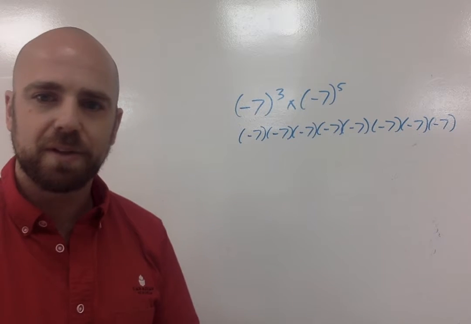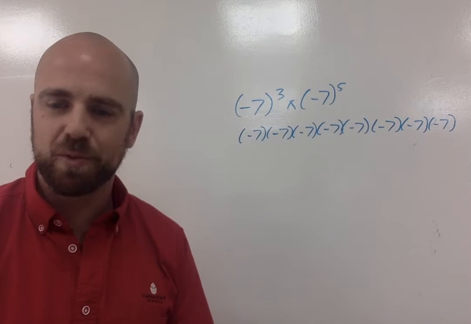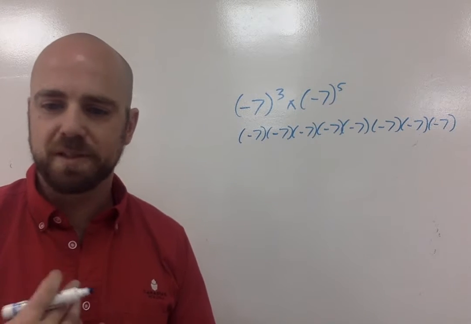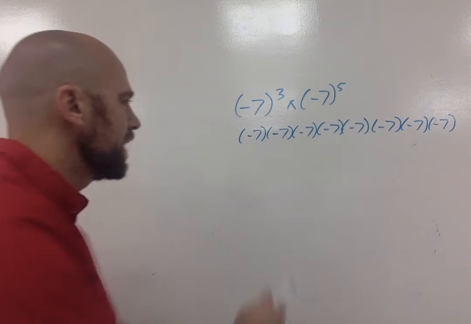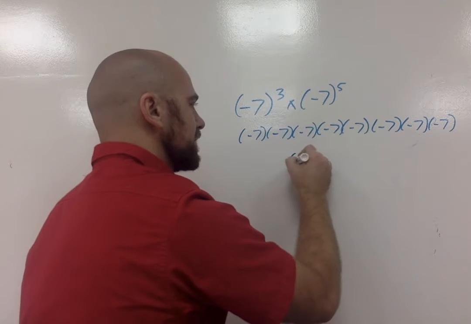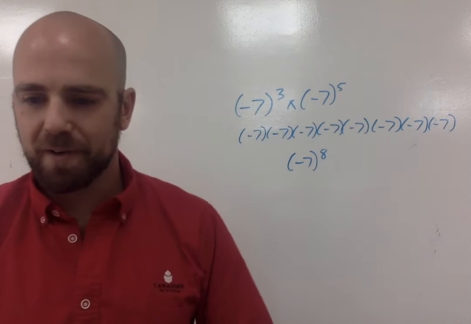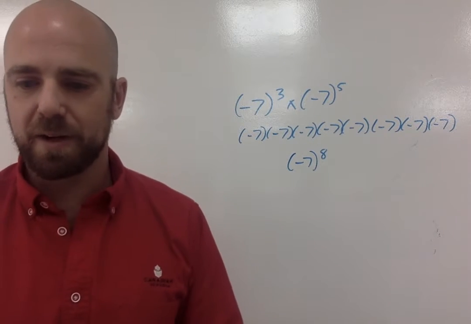So we don't have to worry about what symbol might be in between. We automatically assume it's always going to be multiplication. So we have 1, 2, 3, 4, 5, 6, 7, 8. So we can say that our answer is going to be negative 7 to the power of 8, which is exactly what it is.